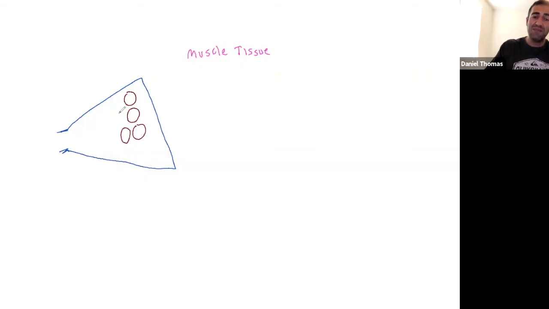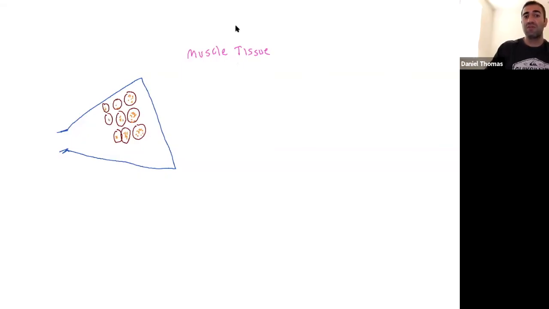So next time you look at a steak, just note that it's actually made up of these structures called fascicles, and that's found all throughout the tissue. And they are filled with these things called myocytes, which are muscle cells.